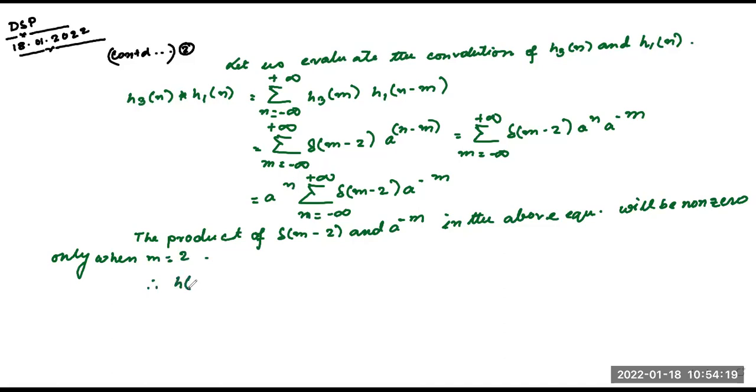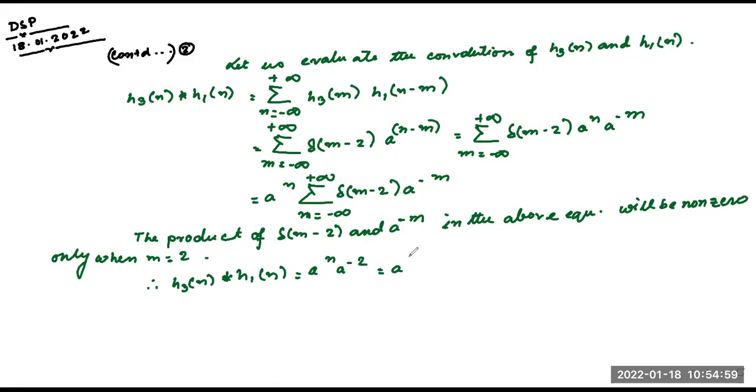So h3(n) convolution with h1(n) equals a to the power n into a to the power minus 2.